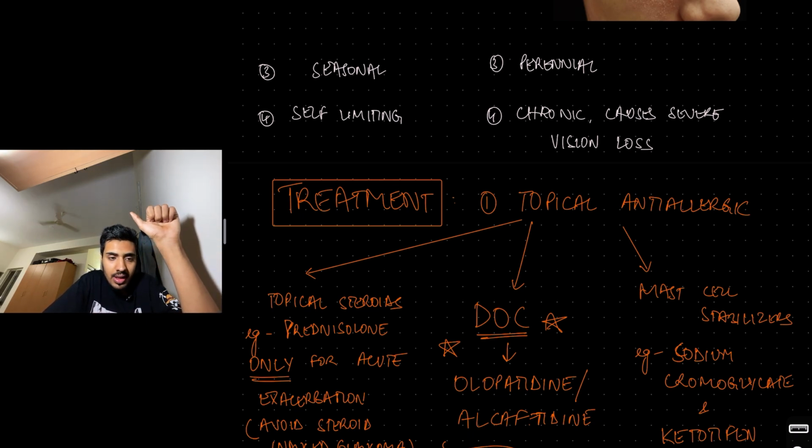Vernal keratoconjunctivitis: self-limiting, seasonal, more of upper palpebral conjunctiva, young males, whereas atopic keratoconjunctivitis: older, no particular sex, not self-limiting, chronic, can cause severe damage, perennial in nature, more involvement of lower palpebral conjunctiva, therefore you see things like Denny Morgan's fold, Hertog's sign, etc.